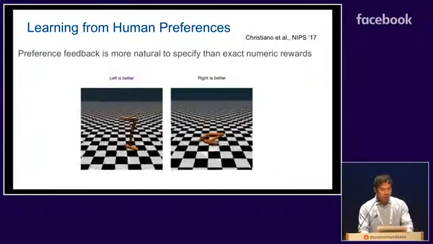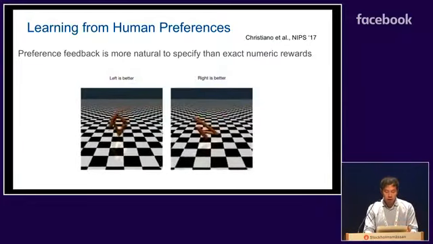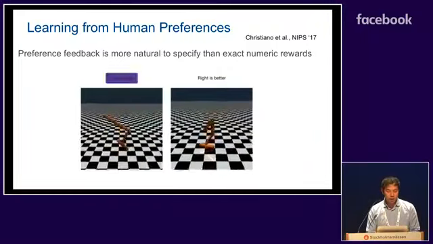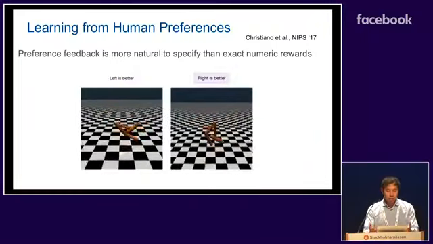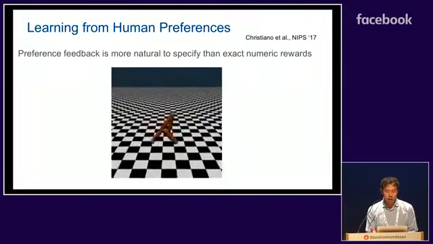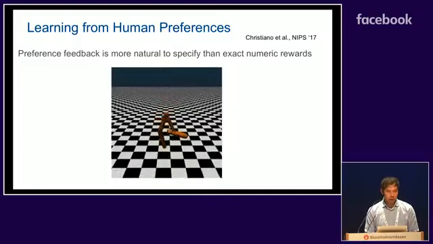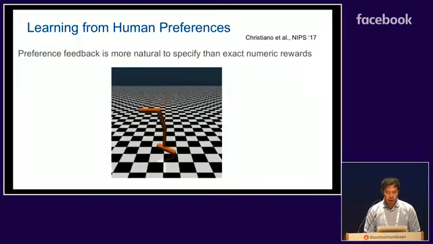The method in particular infers a reward function from human evaluative judgment by showing the human evaluator two different sets of trajectories and asking the human to provide a pairwise comparison instead of numeric feedback. In many cases, this preference feedback, as you can imagine, is much easier to specify than the strictly numeric reward that we see in the standard reinforcement learning setting.